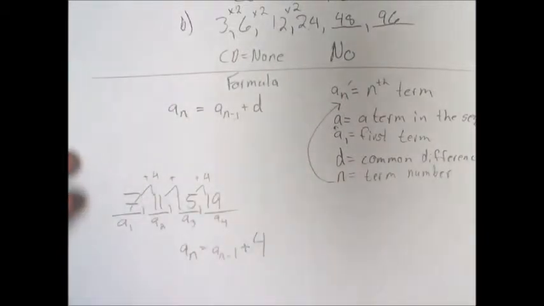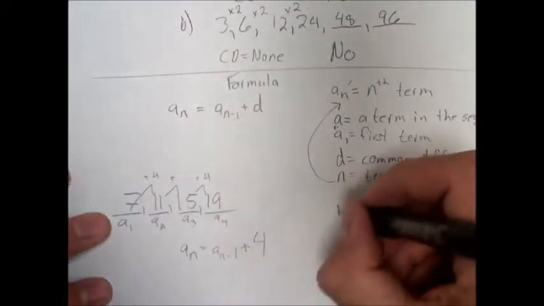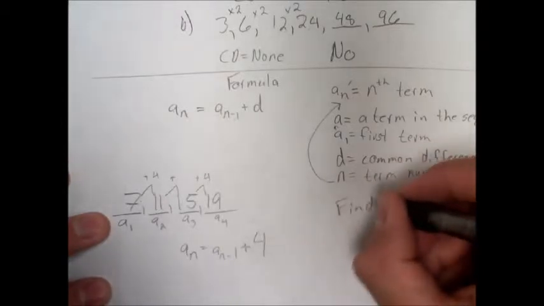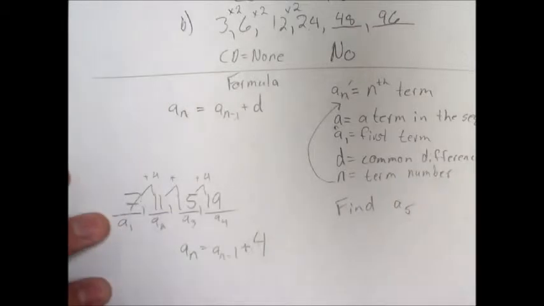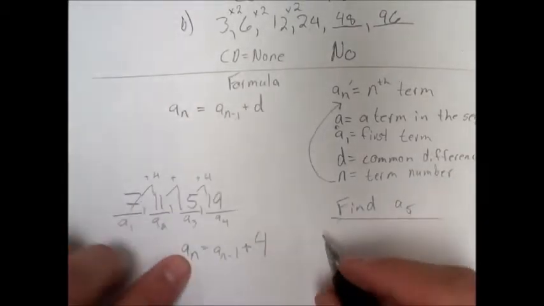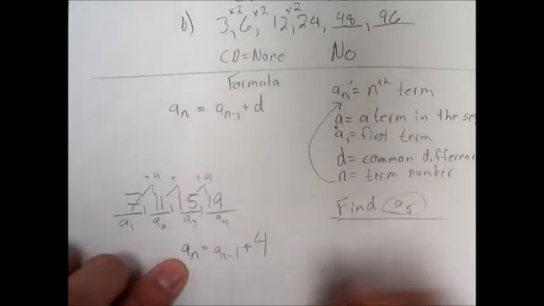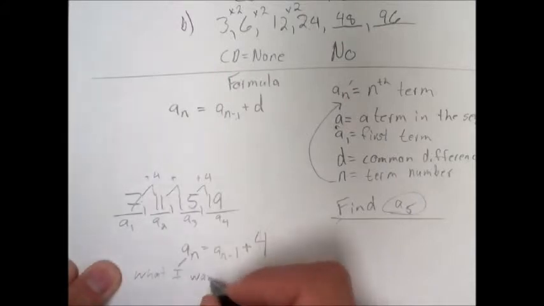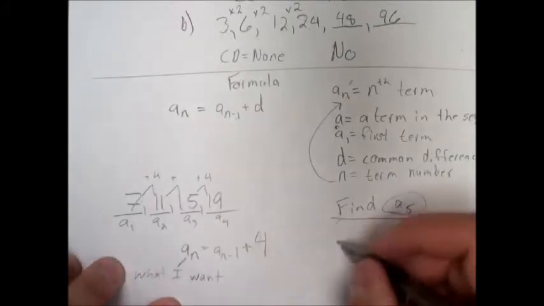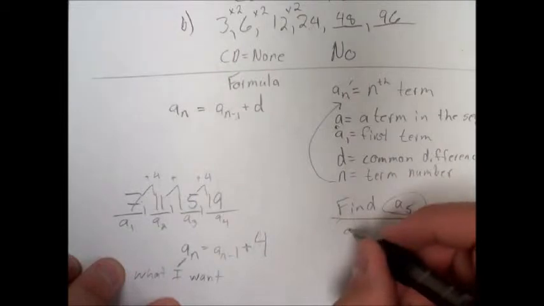If they told us that we need to find a sub 5, so this is the question, find a sub 5. So I would plug this in because this is what I'm trying to find, what I want. Okay, so I would plug that in, a sub 5.